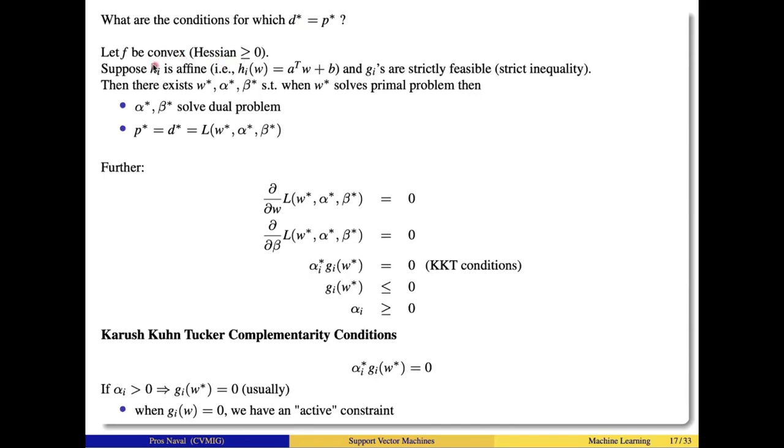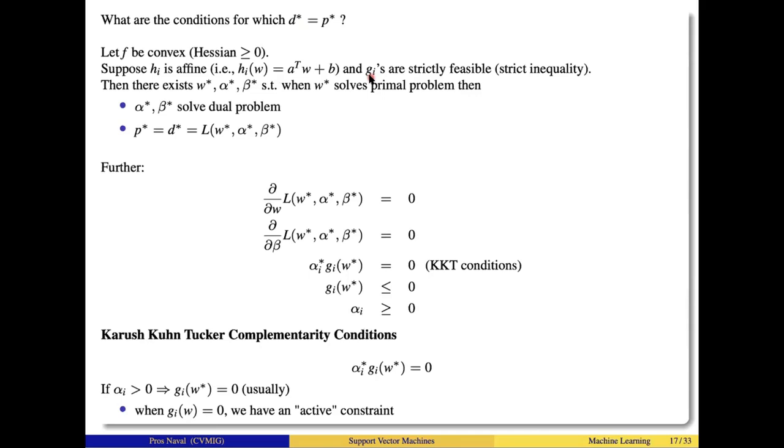Okay, so that's the condition here. Suppose H_i is affine. When we say affine, H_i of W is of this form: a constant vector transpose times W plus B.